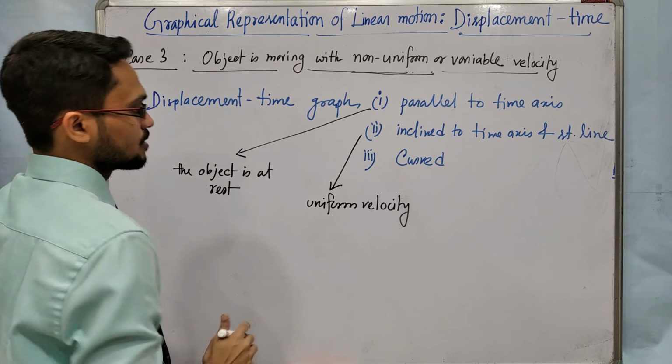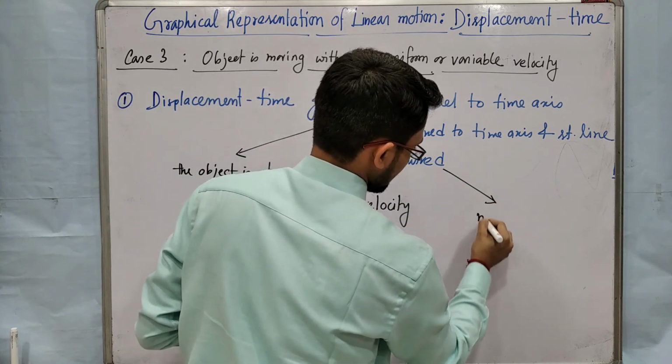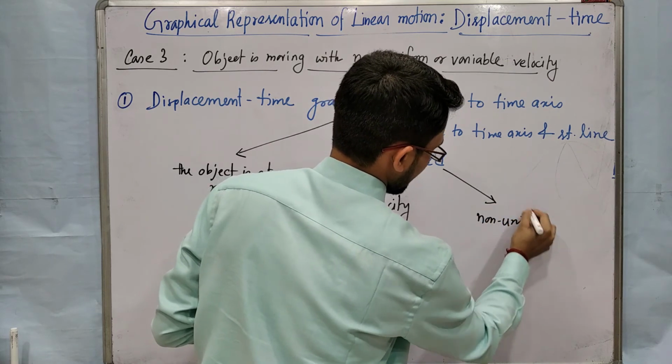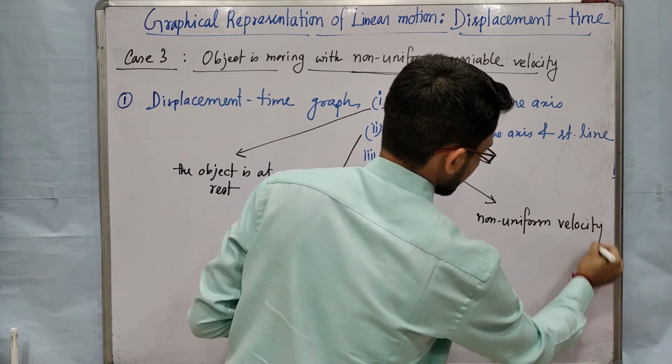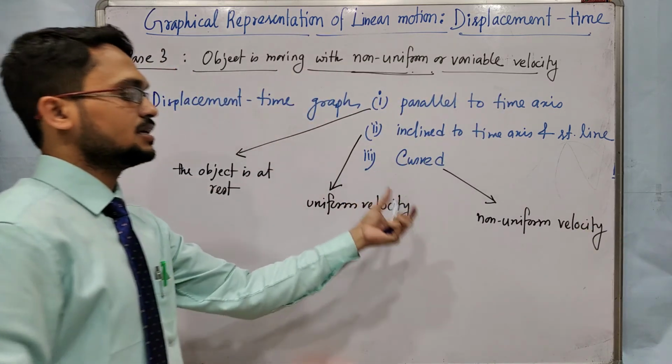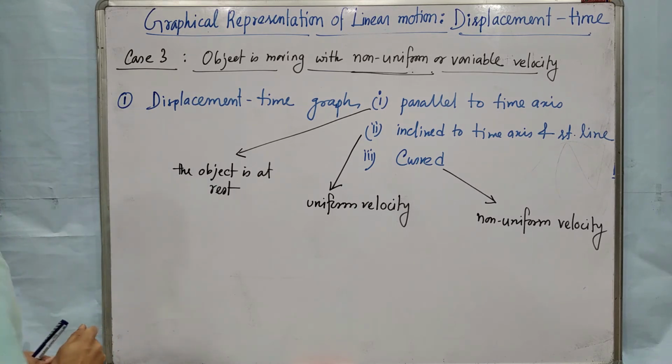And the third type, the curve, represents non-uniform or variable velocity. Velocity may increase or decrease, but it is non-uniform. So these are the three cases we can find.